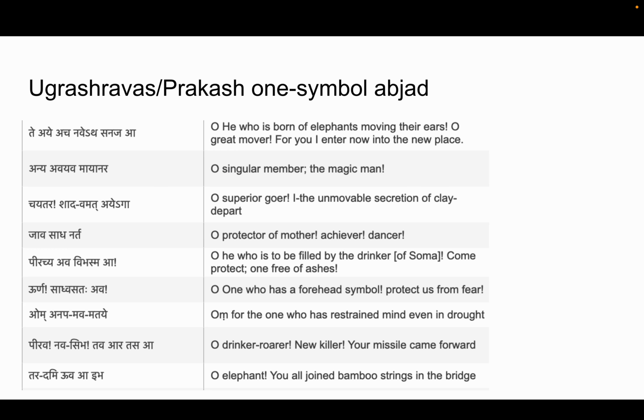This particular thing requires an honorable mention. This is from Twitter anonymous users Ugra Sravas and Prakash, who forced a Sanskrit reading of the US Constitution. And they did that by creating an abjad and ignoring word boundaries. So they would read the entire thing as a single stream, breaking it where convenient, breaking a word where convenient, even across actual word boundaries.